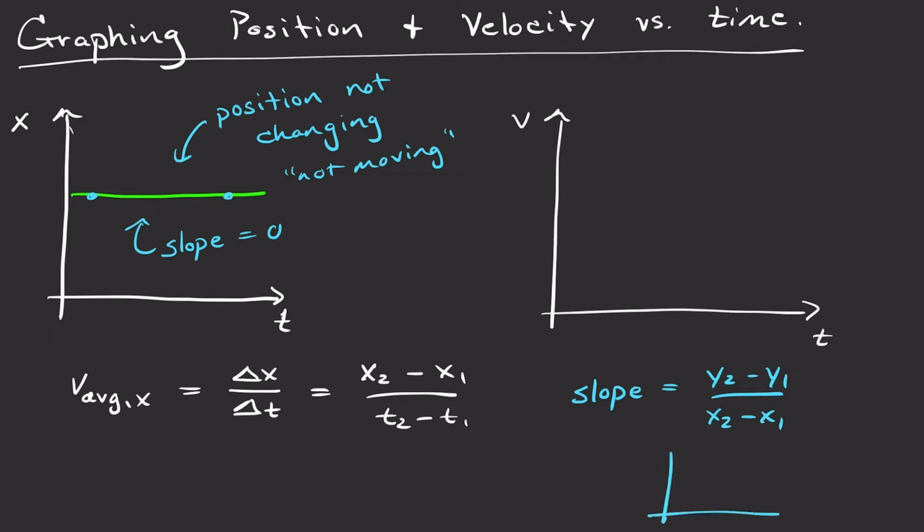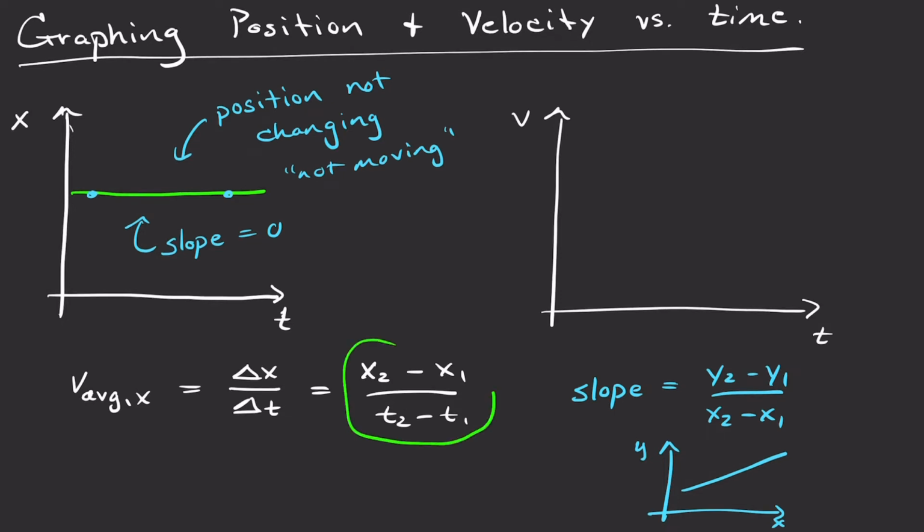Okay, so if we had y versus x, then this would give us the slope of our line. And so this is the slope of position versus time. And so this means that our velocity should equal the slope.